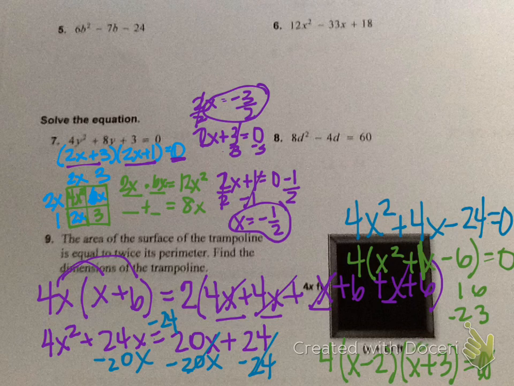And since this x would be negative 3 to make it equal 0, that's out. But this one is a 2. So 4 times 2 is 8 feet, and 2 plus 6 is also 8 feet. It's a square. The dimensions of the trampoline are 8 feet by 8 feet.